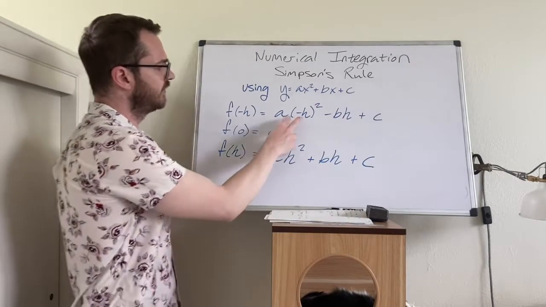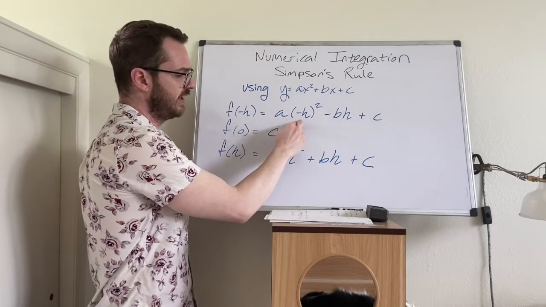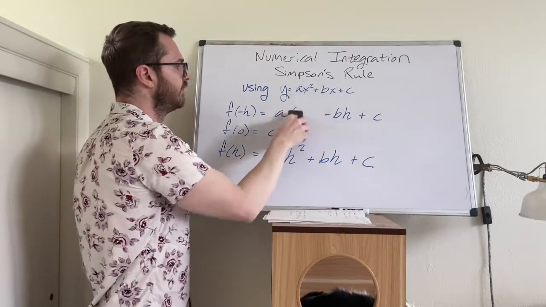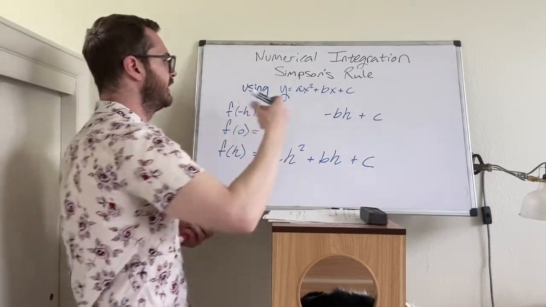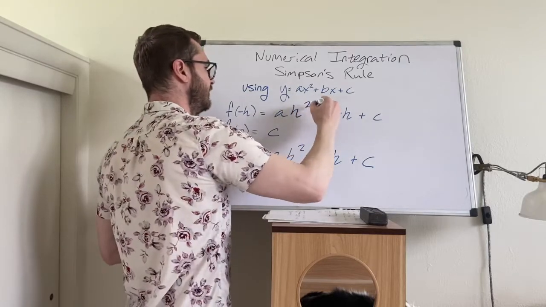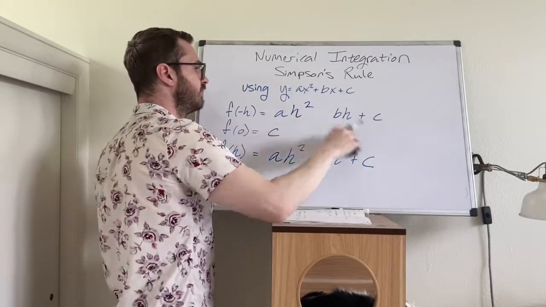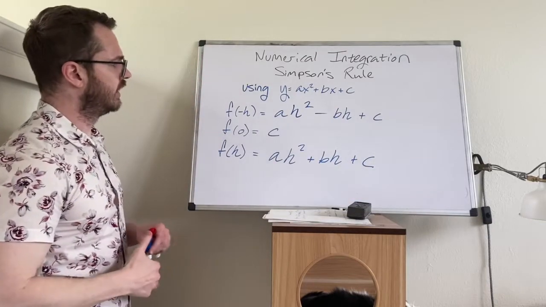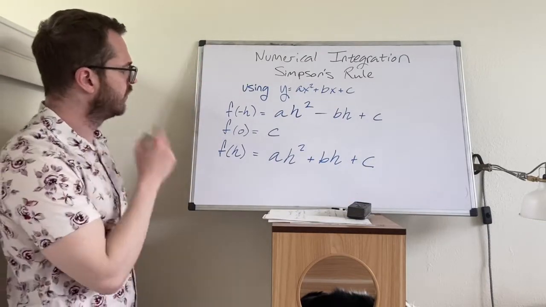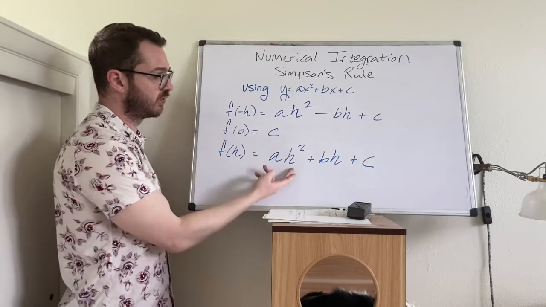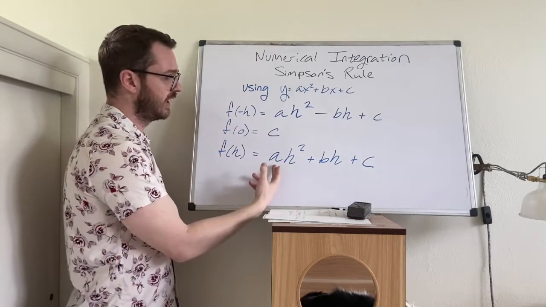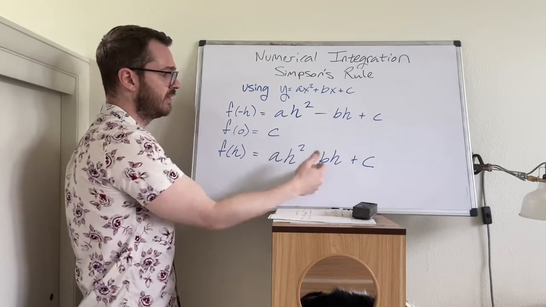And of course, because this term is negative h squared, clearly this is going to simplify down to a h squared. Now, what do we need to do? Well, we have 3 equations. They're quadratic, right? But we have 3 equations, and we need to solve for these unknowns, a, b, and c.